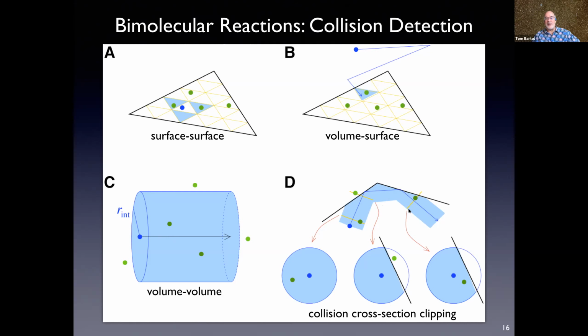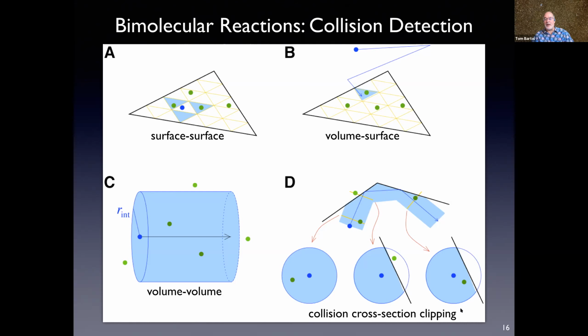So the interaction radius disk, the collision cross-section disk, given by R int, this is in top view, viewing along the axis of the trajectory. That disk looks like this. We can see that the disk will be truncated by this surface. This black line represents, say, a surface that we're reflecting off of.